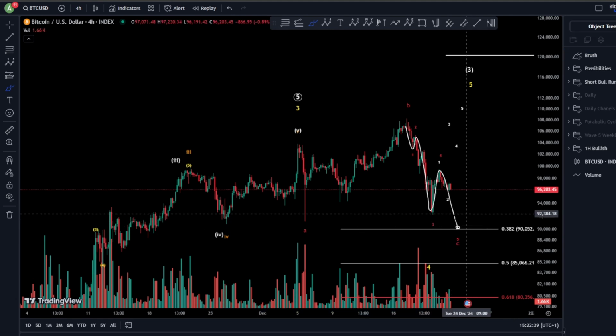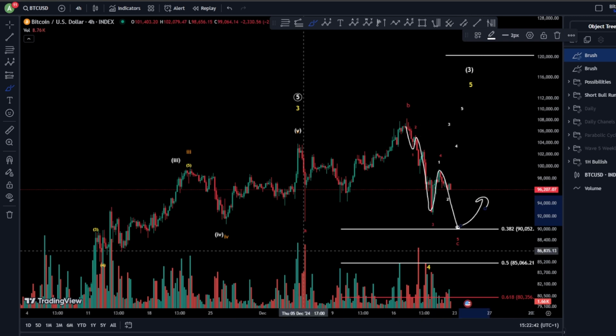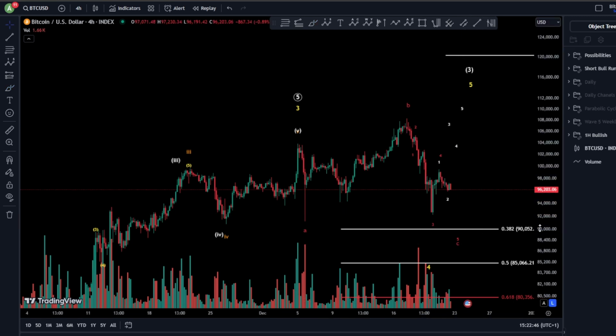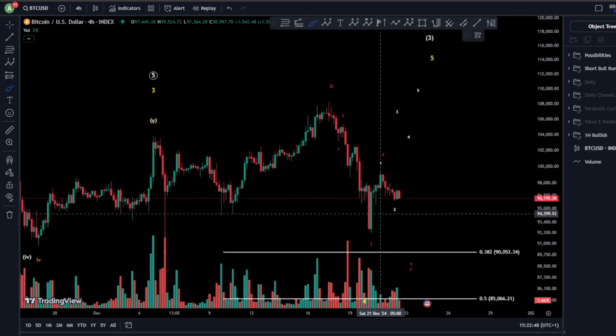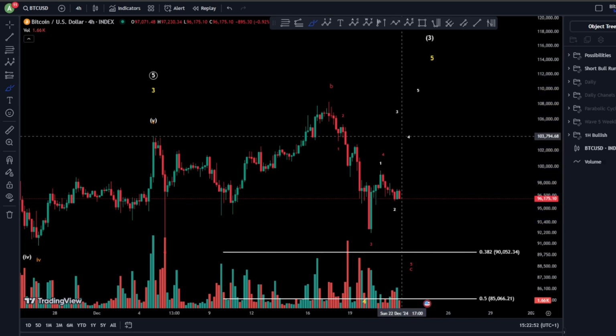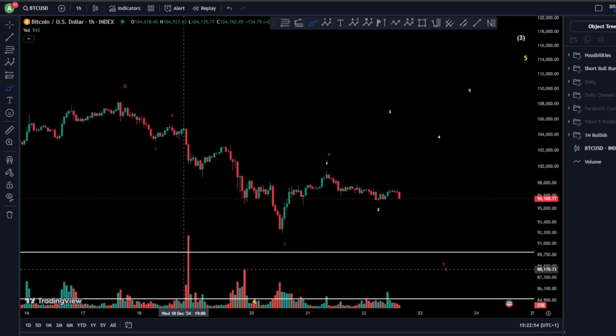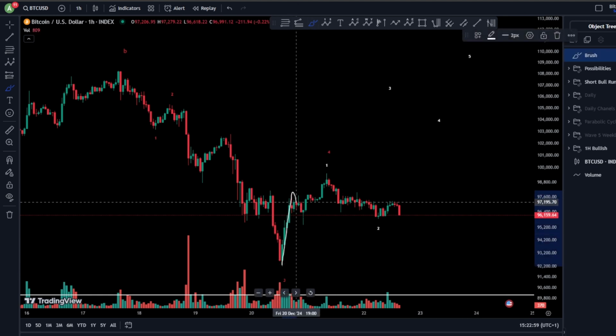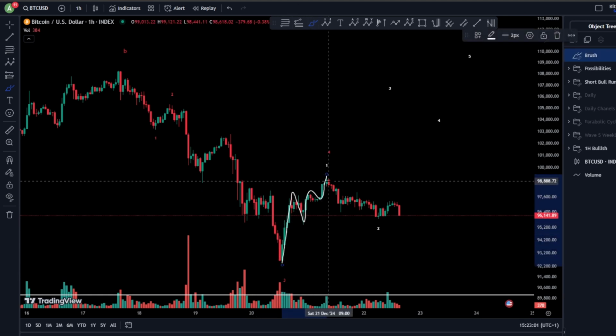By having this low, expect higher prices again to move towards the upside. Unless we are still here in a finished wave 1 and then 2 and then 3, 4, 5 towards the upside. Another possibility is that this is a contracting diagonal.